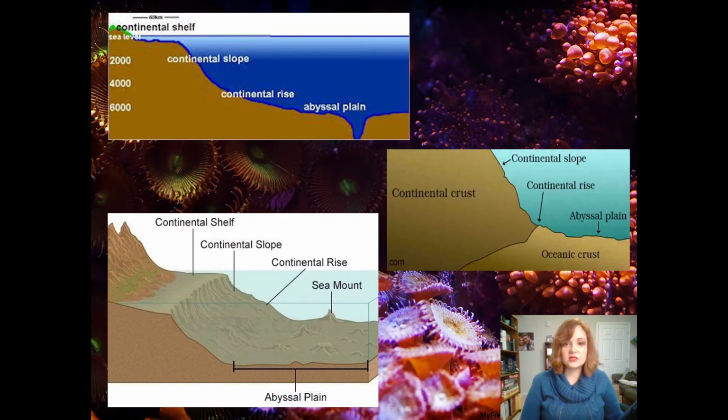Some pictures. Okay, so again, above me is the picture I keep using for each of our parts. So you can see the abyssal plain is where it has flattened out.